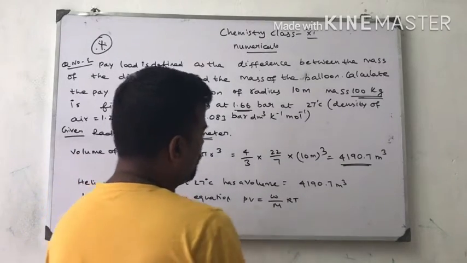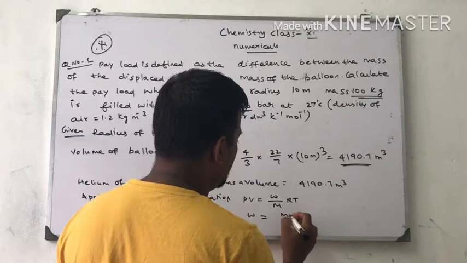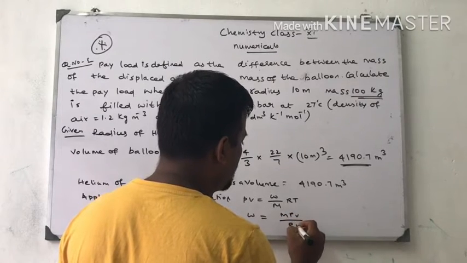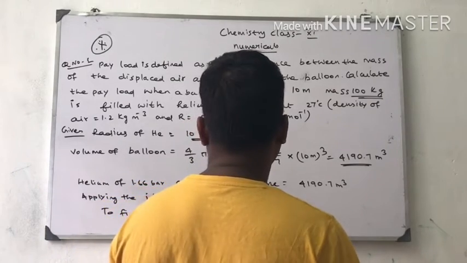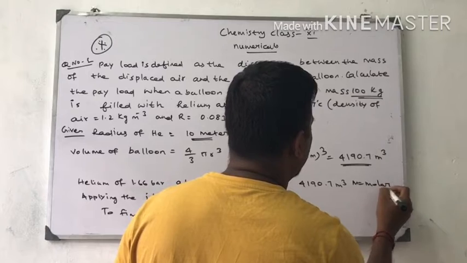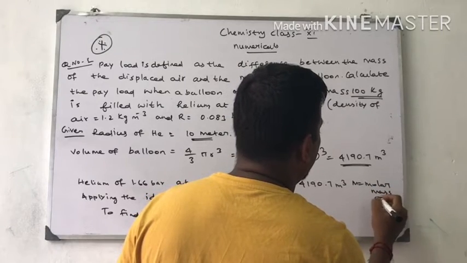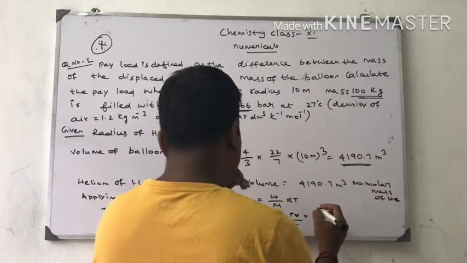PV is equal to W by M RT, so W is equal to MPV by RT. Substituting the values, M is the molar mass of helium. What is the molar mass of helium here?